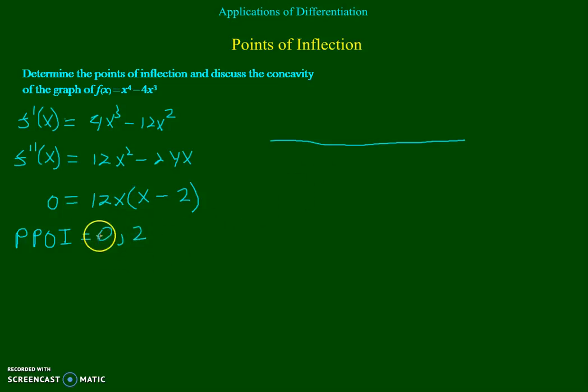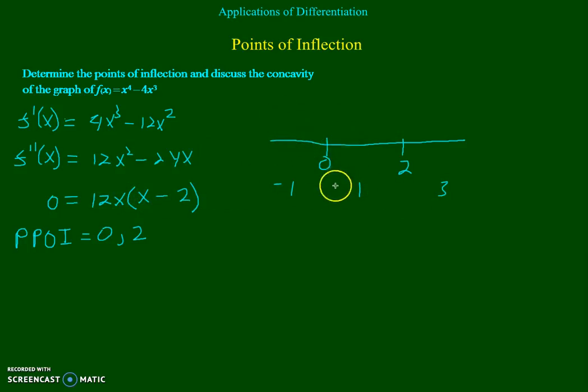We're going to be using these potential points of inflection. So our anchor values here are the potential points of inflection, 0 and 2. And we want to have test values on either side here, just like we did before. So -1, 1, 3.